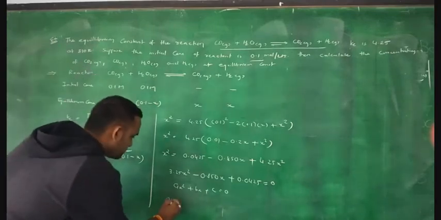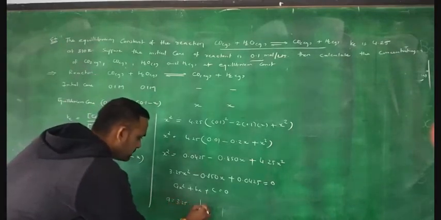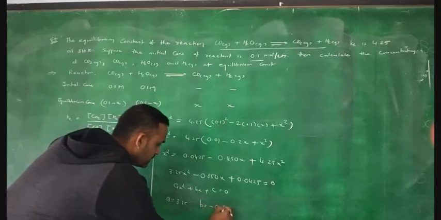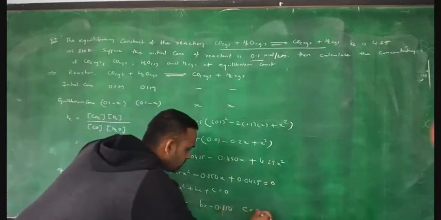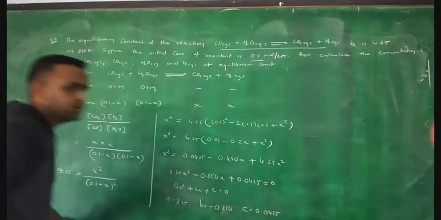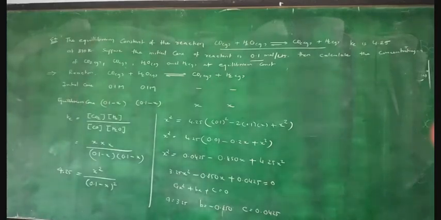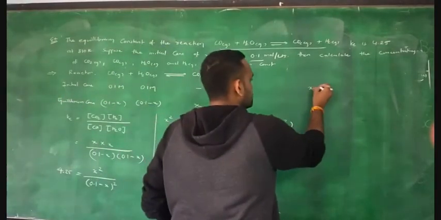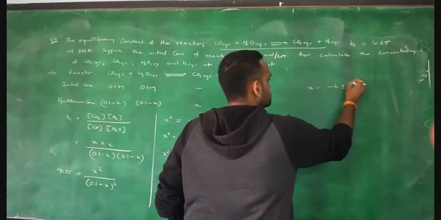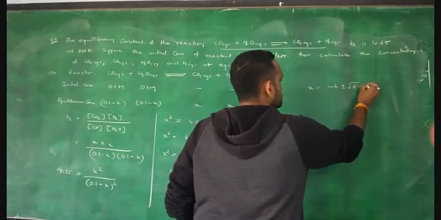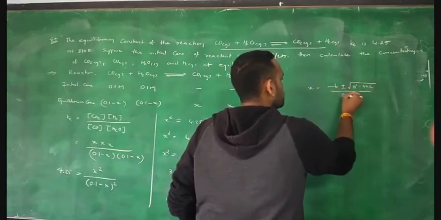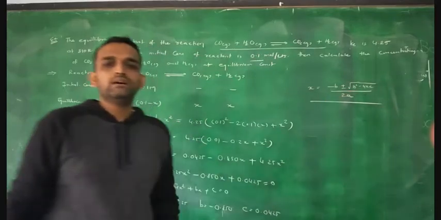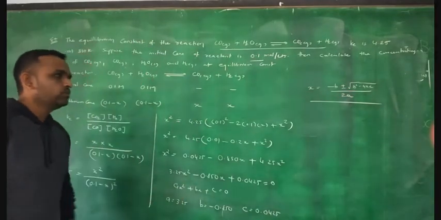So what is a? 3.25, b is minus 0.850 and c is 0.0425. Now put the value, you can get the answer. So what is x? You all know x equals minus b plus or minus root of b square minus 4ac upon 2a. Put the value, you can get the answer. Okay? Chalo note down.